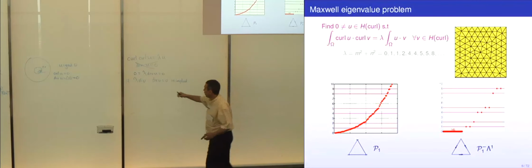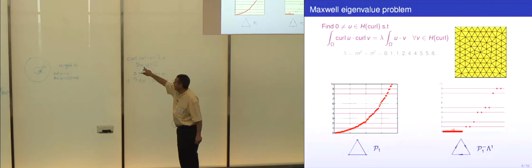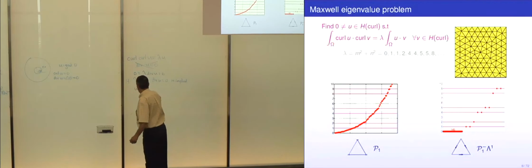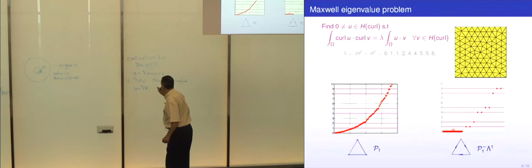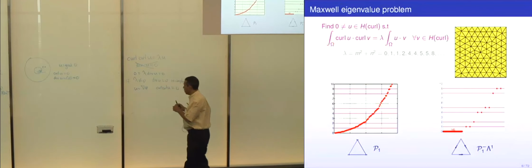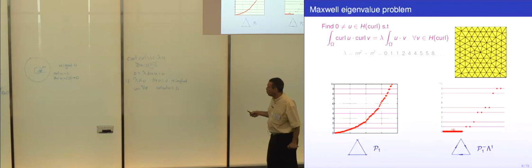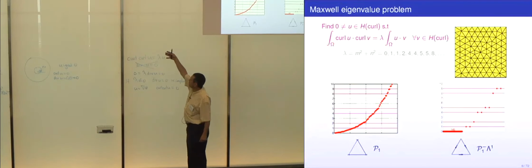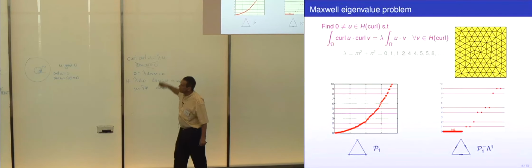On the other hand, if I throw away this condition, I will get all sorts of 0 eigenvalues, which are just any gradient. So u equals gradient of anything satisfies curl curl u equals 0. So one way to try to solve this problem is to find the non-zero eigenvalues of this problem.